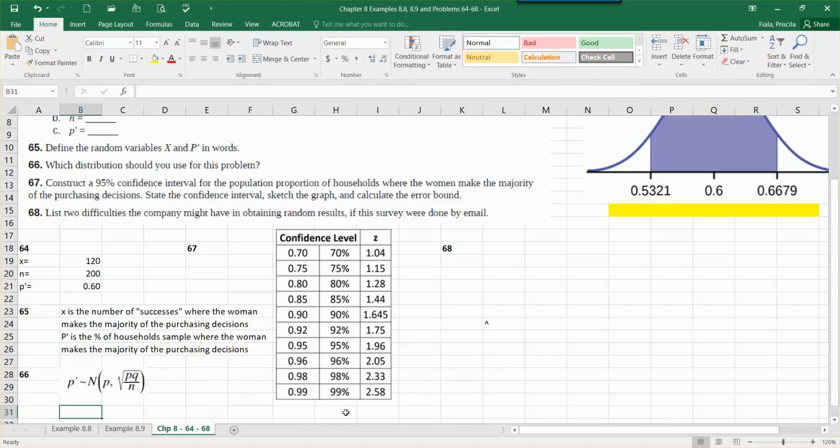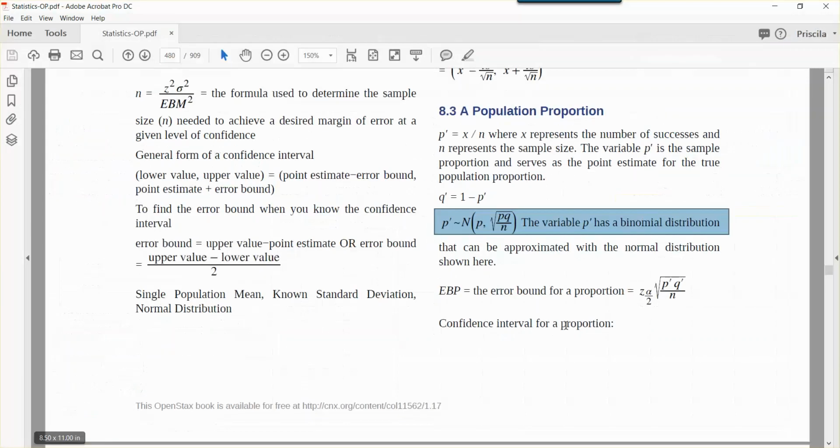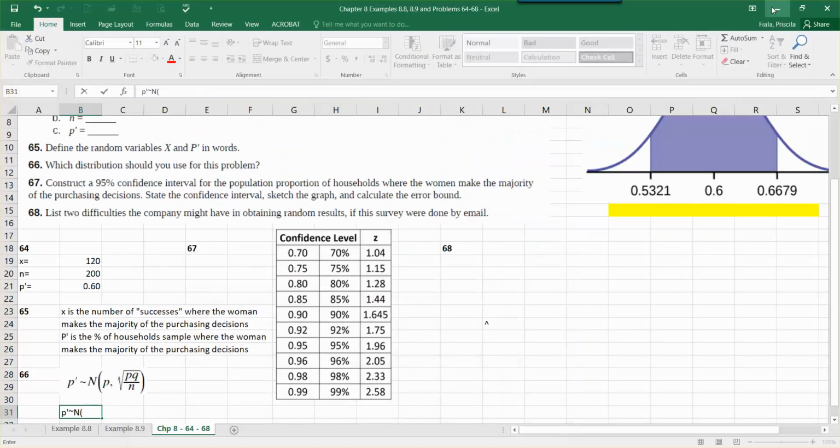So we're going to say p hat for this normal distribution is going to be my, do you remember from over here? It says that the point estimate, the sample proportion, serves as the point estimate for the true population proportion.